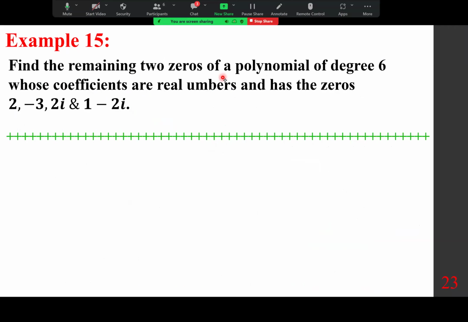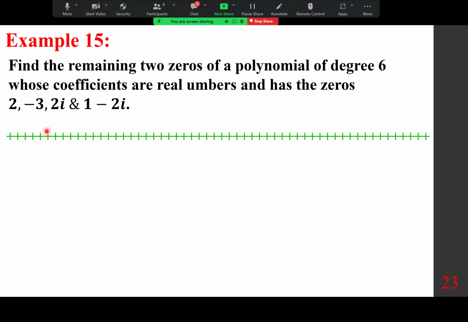Find the remaining two zeros of a polynomial of degree 6 whose coefficients are real numbers and has the zeros 2, minus 3, 2i, 1 minus 2i. This, of course, is easy.